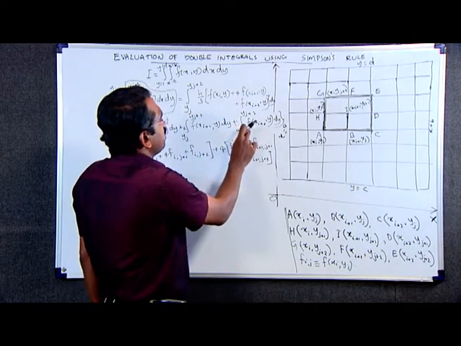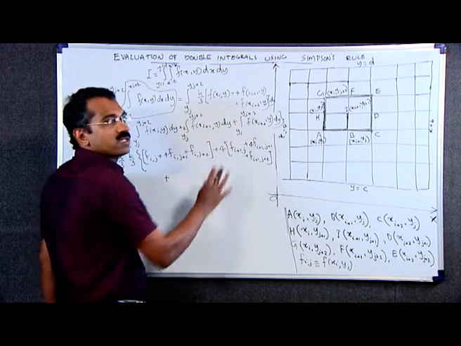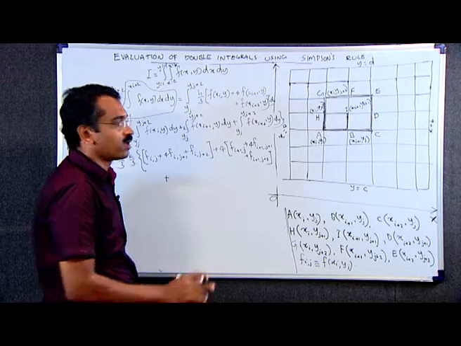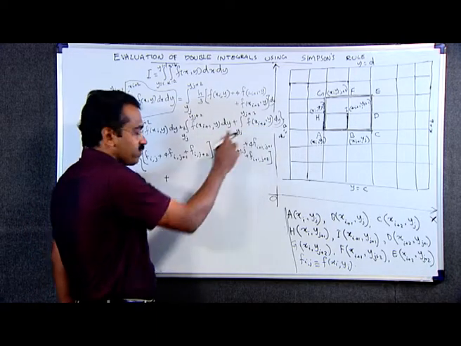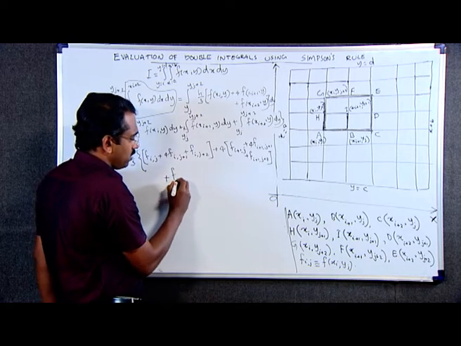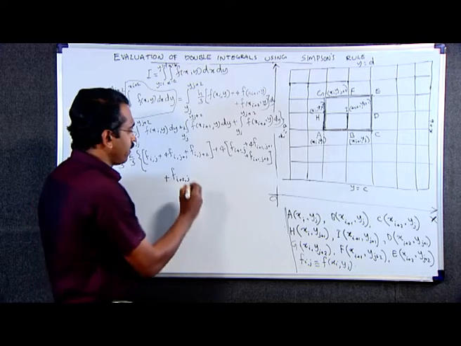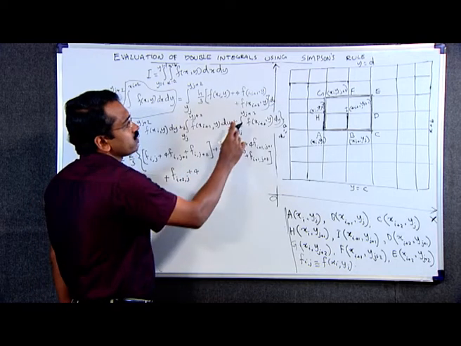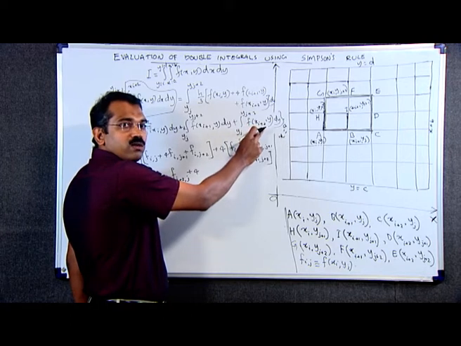Plus, for this integral, we can write the value of this integral as f of x_{i+2}, y_j, that is f_{i+2,j}, plus 4 times f of x_{i+2}, y_{j+1}.